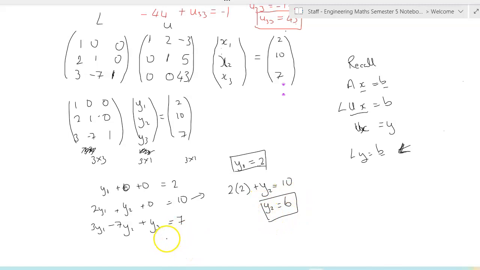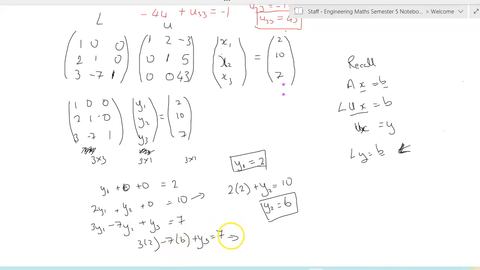And then from the third equation, we have 3y1, that's 3 times 2, minus 7y2, which is 7 times 6, plus y3 equals 7.